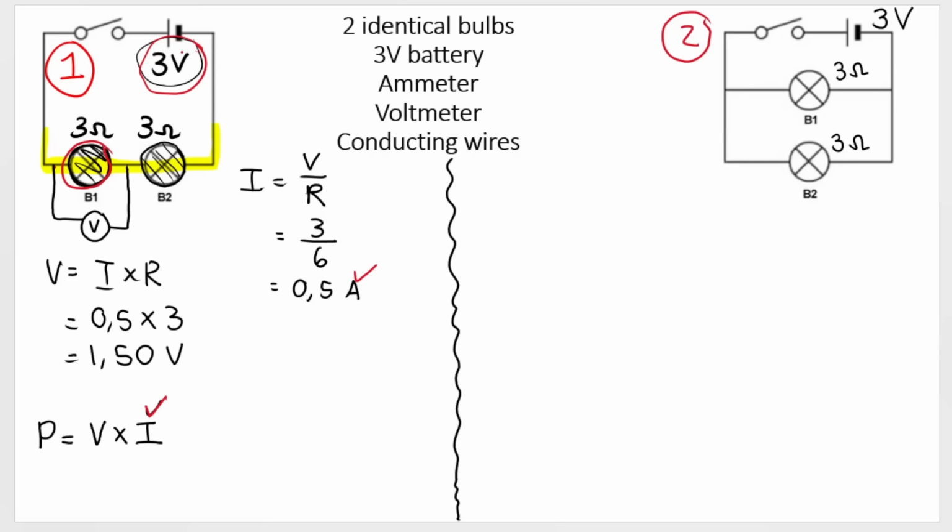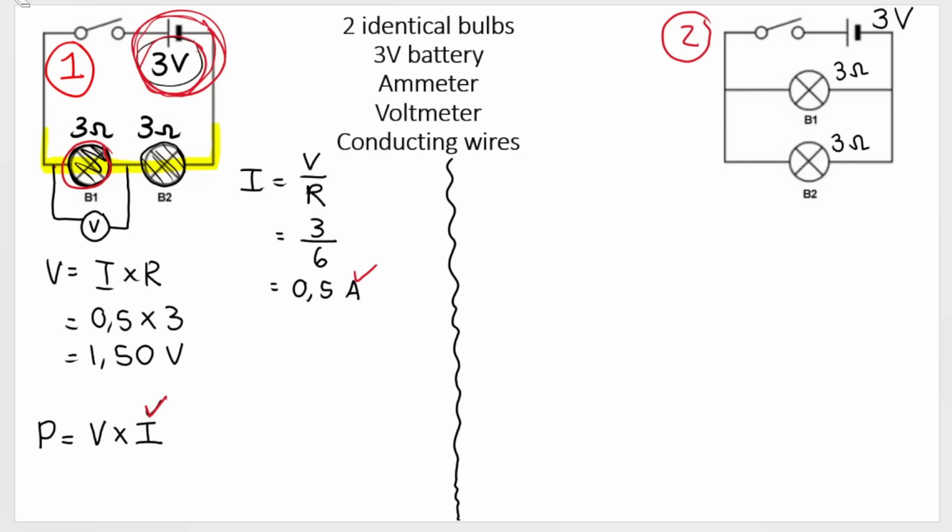This makes sense because I hope you know your circuits. If the total voltage across the battery is 3 volts, these resistors are in series. They split the total voltage, and they split it evenly in this case because each of the resistors has the same resistance. So this bulb gets 1.5 volts and this bulb gets 1.5 volts, because 1.5 plus 1.5 gives me 3.